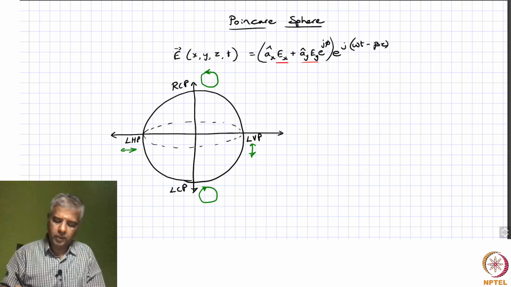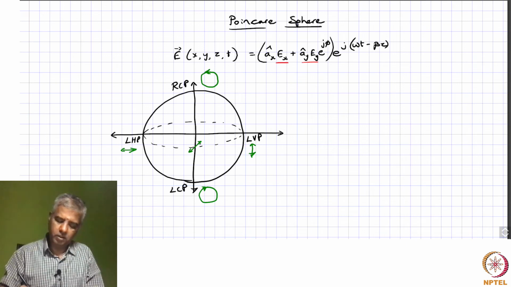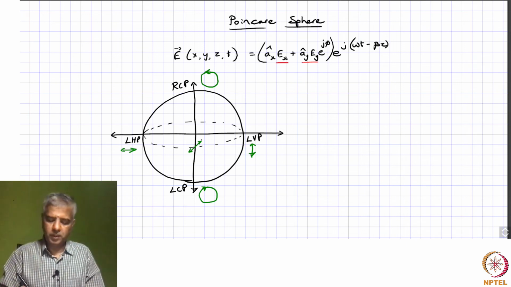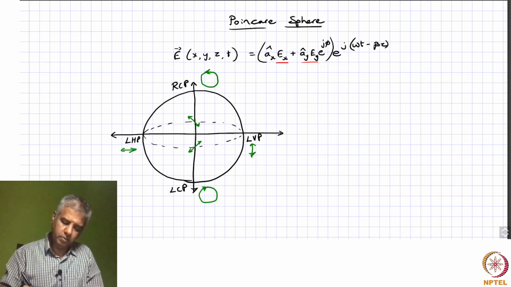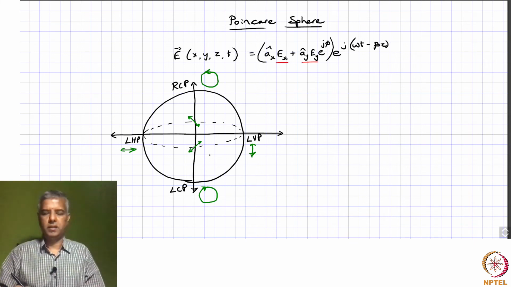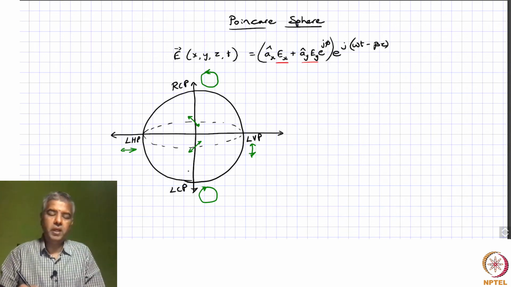So, along the equator it will be all these different polarization states. At this point along the equator it will be linearly polarized, but at 45 degrees this way, and at this point on the other side it will be linearly polarized, but orthogonal with respect to this polarization, and anything in between is going to be elliptically polarized.